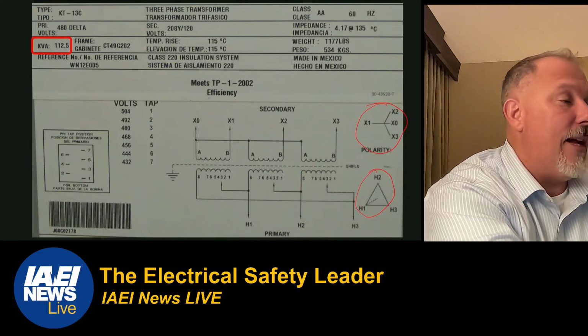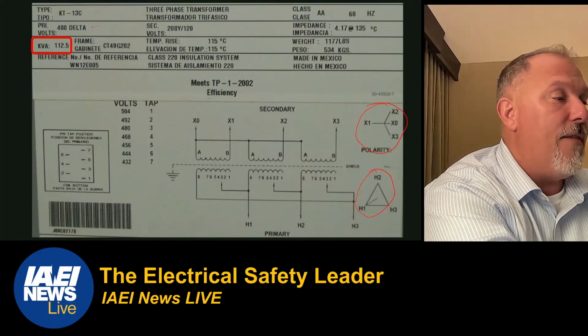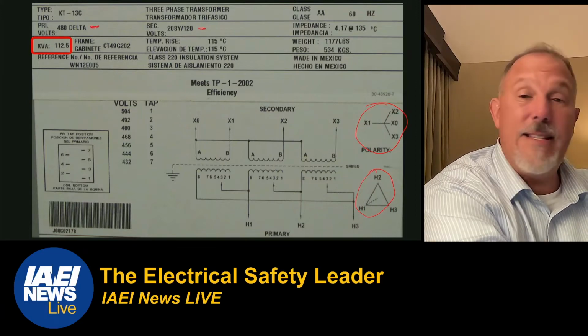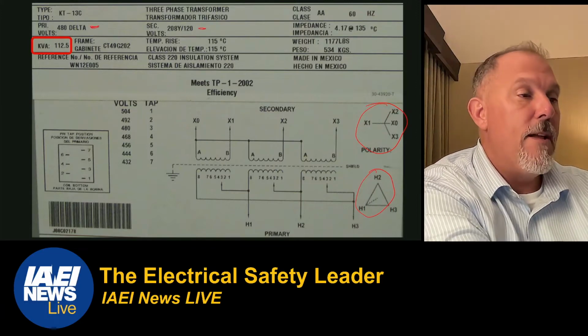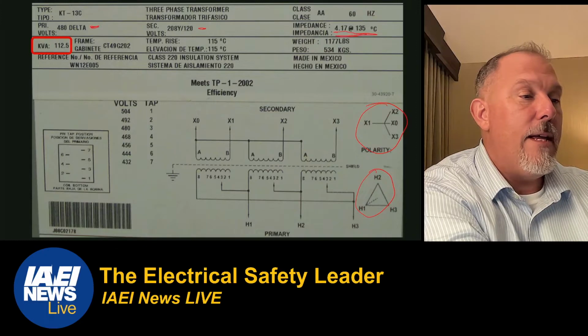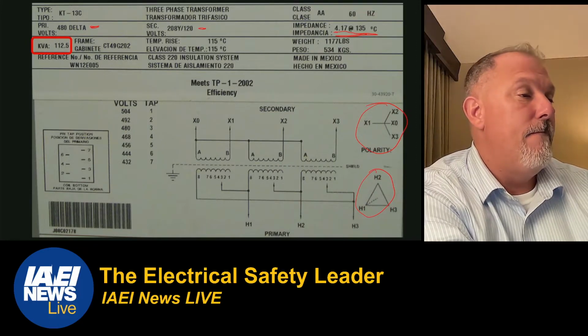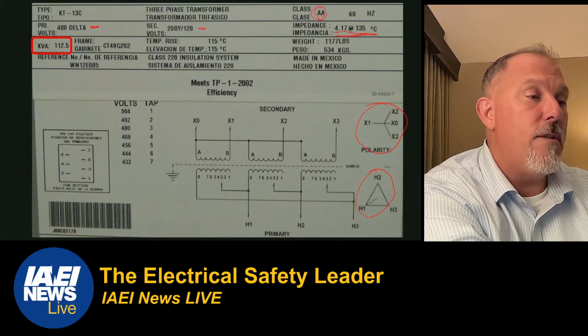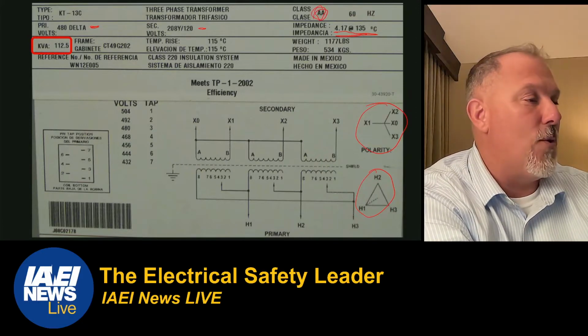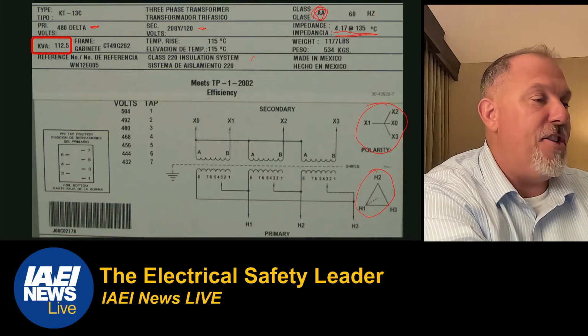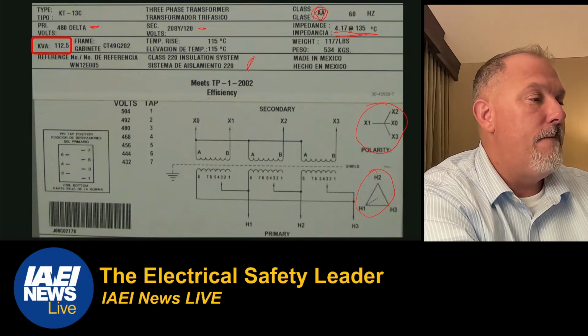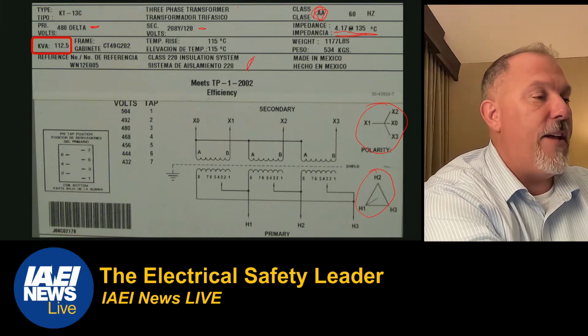I can ascertain the kVA. I have the primary voltage, the secondary voltage, and I know my impedance. I know this is air cooled; the class AA gives me air cooled. I have my insulation, and I have that it's a three-phase transformer.